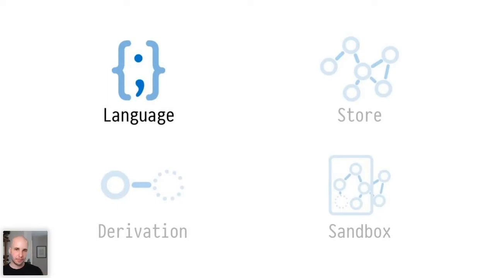The language is the thing that I could say the most about, but I'm going to say the least about. Nix has this really fascinating functional, lazy evaluated, almost side effect free language that's perfectly tuned for creating these derivations and representing the relationships between them.